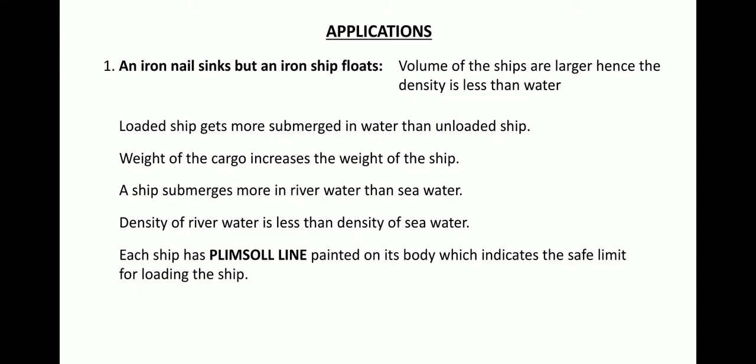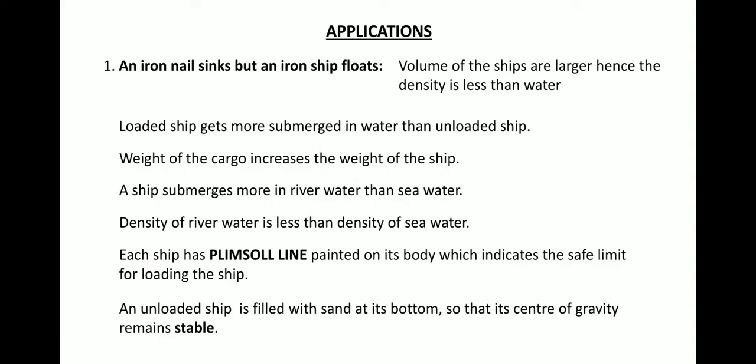If you load the ship more than that, then it might sink. So that Plimsoll line takes care of whether you are supposed to put more cargo or not. Actually, we are not supposed to put more cargo, so that the Plimsoll line should not touch the surface of the water.